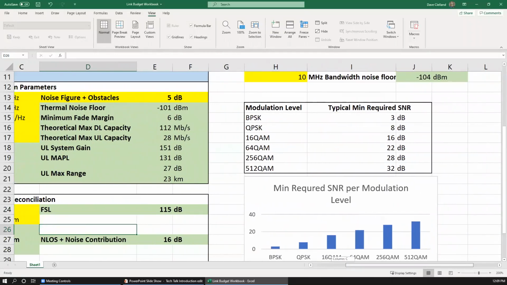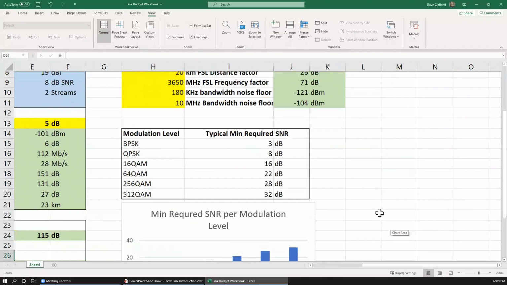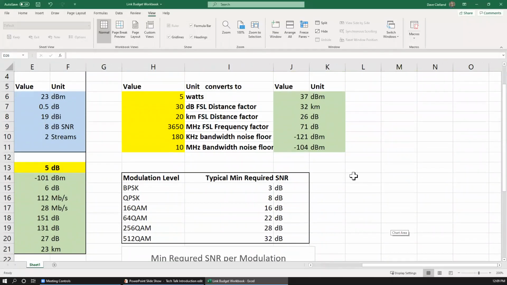Let me go over here. All right, I put some converters on this particular sheet. So taking the free space loss formula into account here, let's look at just a few of these. If I have 20 kilometers of link distance, my contribution to my free space loss is 26 dB.